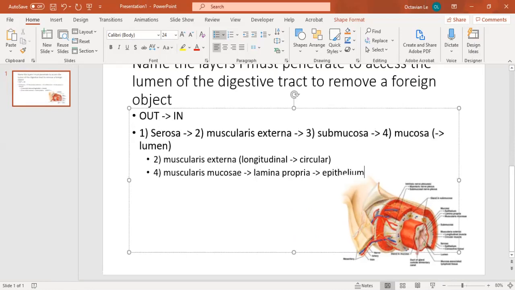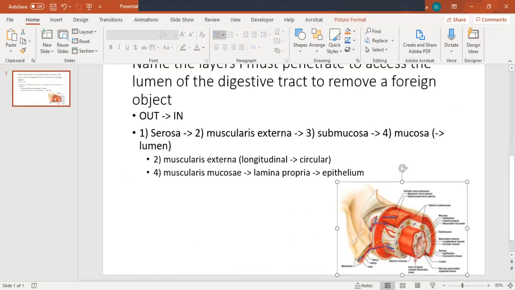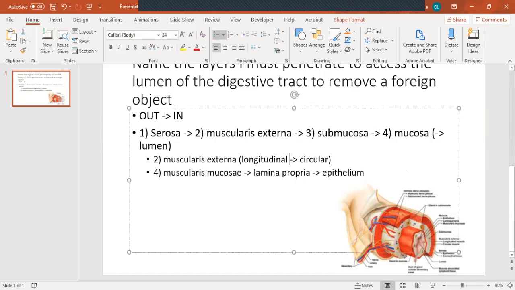Okay, so keep in mind, this is how you cut. So let's begin on how to penetrate to go from out to in. Serosa, done. From serosa, you go into what's called muscularis externa, which we begin at the longitudinal layer. Then you go into what's called a circular layer.